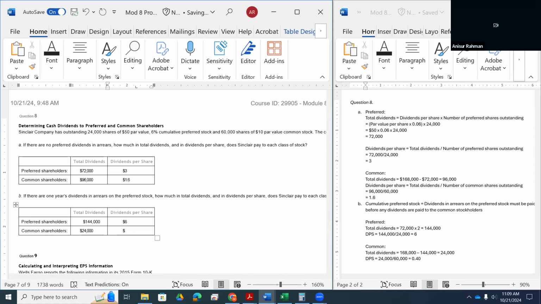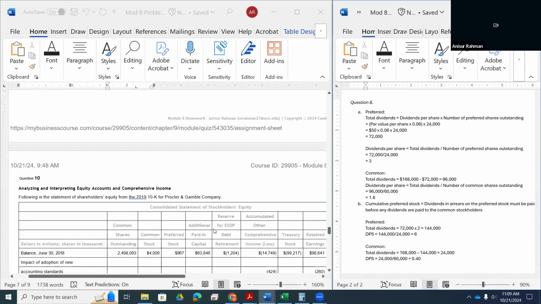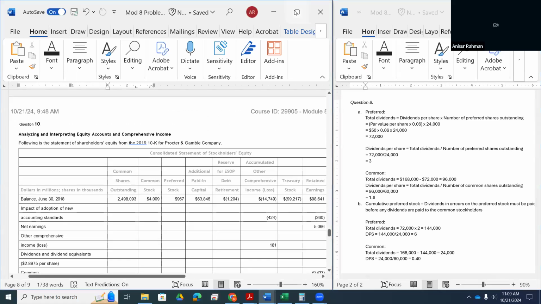And the dividends per share is 40 cents. So that is the end of question 8. Let me move on to the next question, which will be question 10.